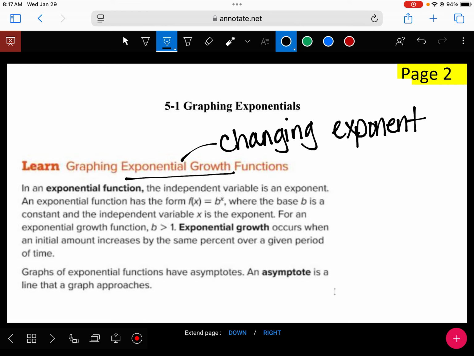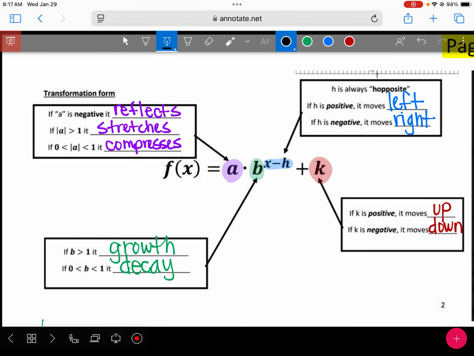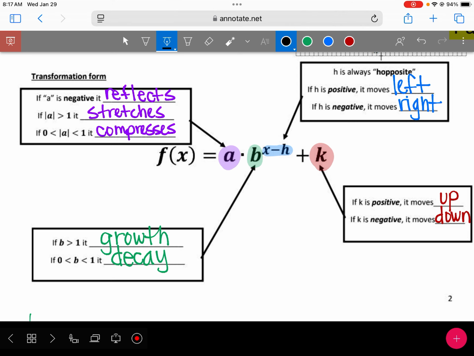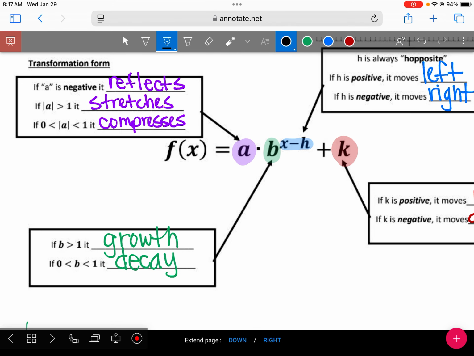So we're going to skip over example 1 and go right to our transformations. This should look familiar at the bottom of page 2, A, H, and K. I'm going to give you a moment to copy this down. This was on our test yesterday, except we were talking about square root functions.